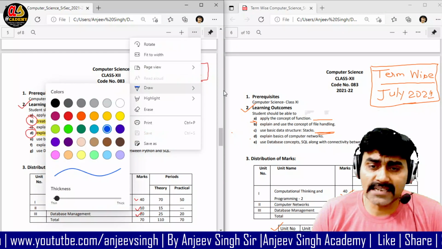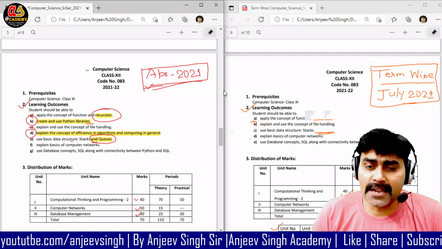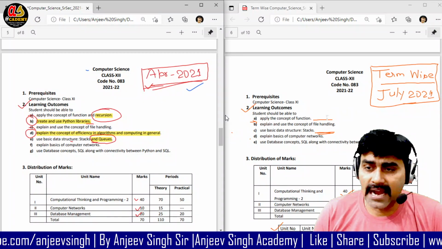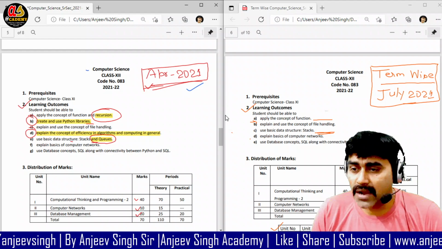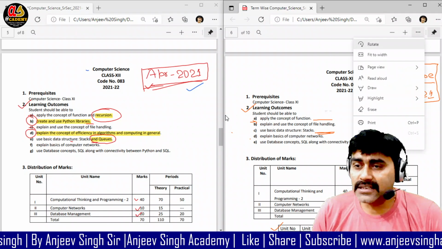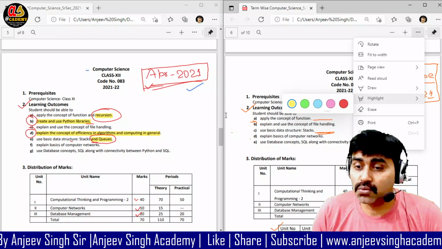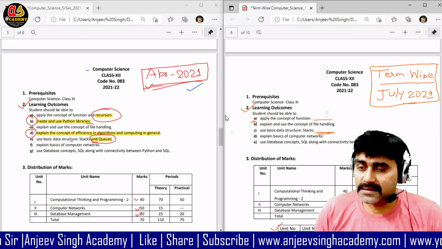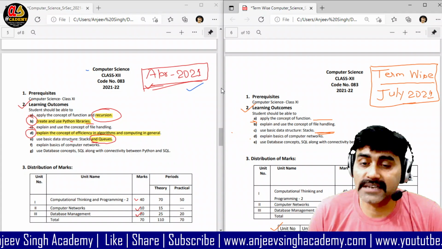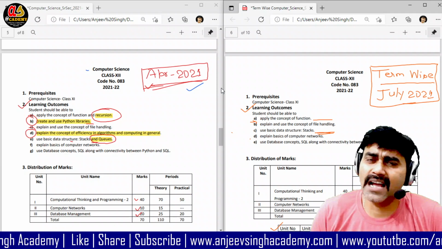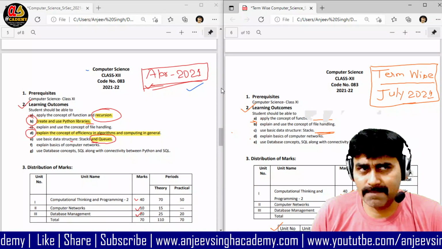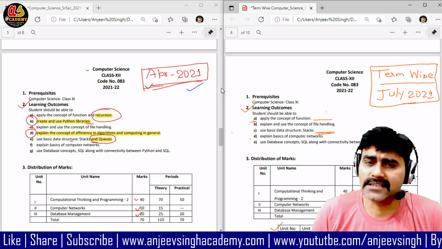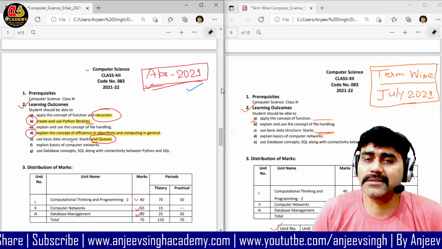As you see here, this is the April 2021 syllabus, and this is the term wise syllabus of July 2021. This syllabus was published by the CBSE just 2 days ago. The earlier syllabus was published at the end of March, that is the 30th of March or so. On that day this syllabus was published by the CBSE.